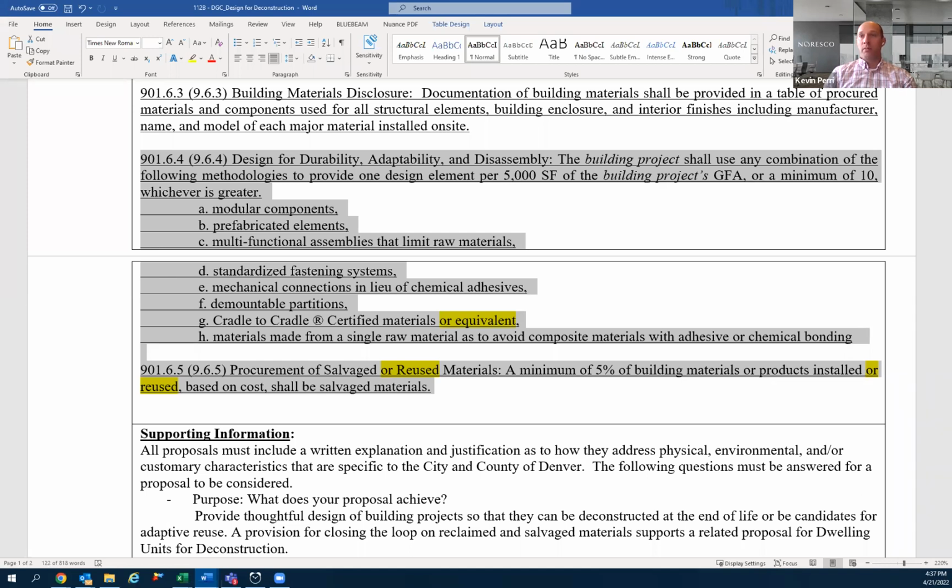Okay, so she's okay with separating out 901.6.5 into a different section. Scott, are you okay with that? Seconded. Okay, and just to clarify, Cheryl, just your intent, you would still want to delete 901.6.4, or would you like to keep that?